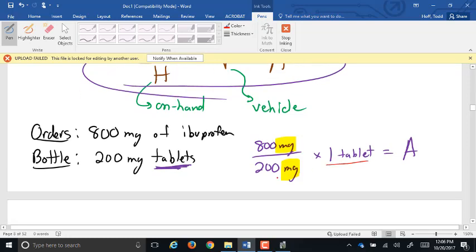Remember, the vehicle is what carries the on-hand dose into the patient. 800 milligrams divided by 200 milligrams is 4, times 1 tablet is 4 tablets.